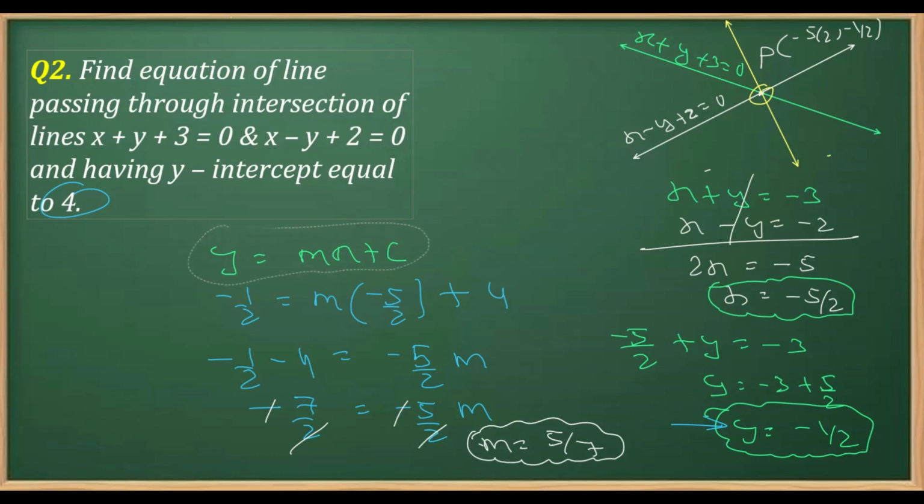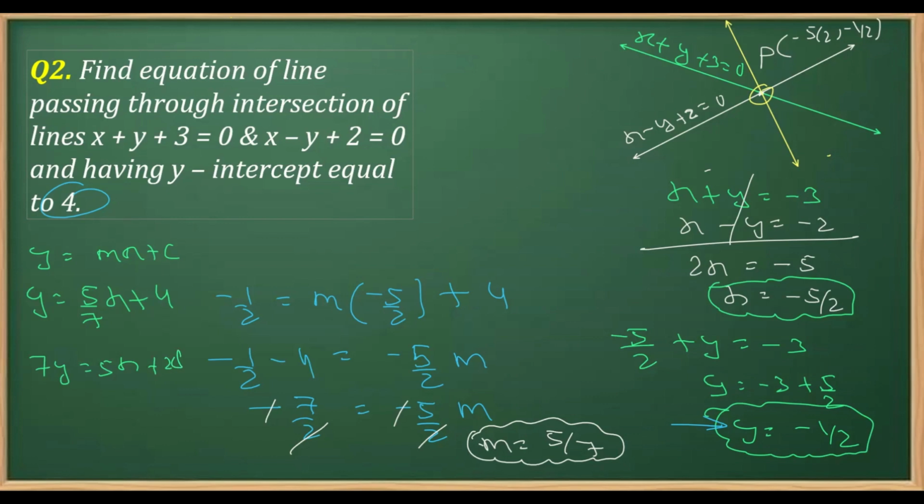Now once we have got the value of m, once again we are going to simply replace m and c here. So y is equal to m, which is 5 over 7, times x, plus c, which is 4. We can write this in the standard form as 7y is equal to 5x plus 28 by taking LCM.